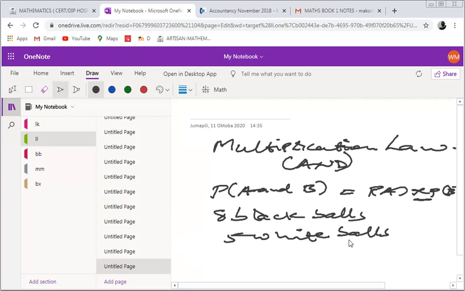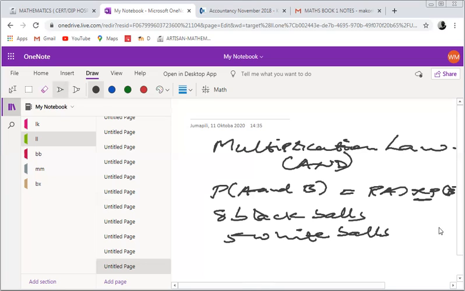These balls are actually the same. It is only the color that is different. You are asked to find the probability of drawing a black and a white ball.